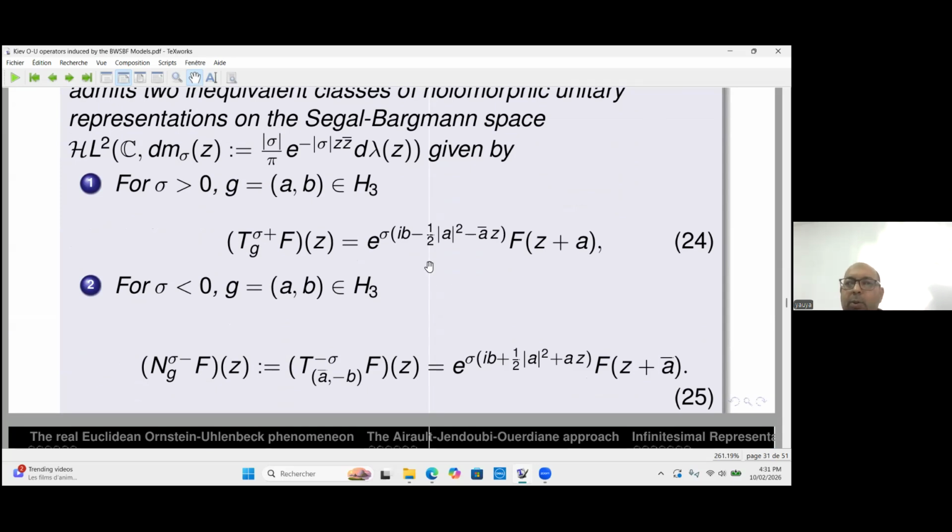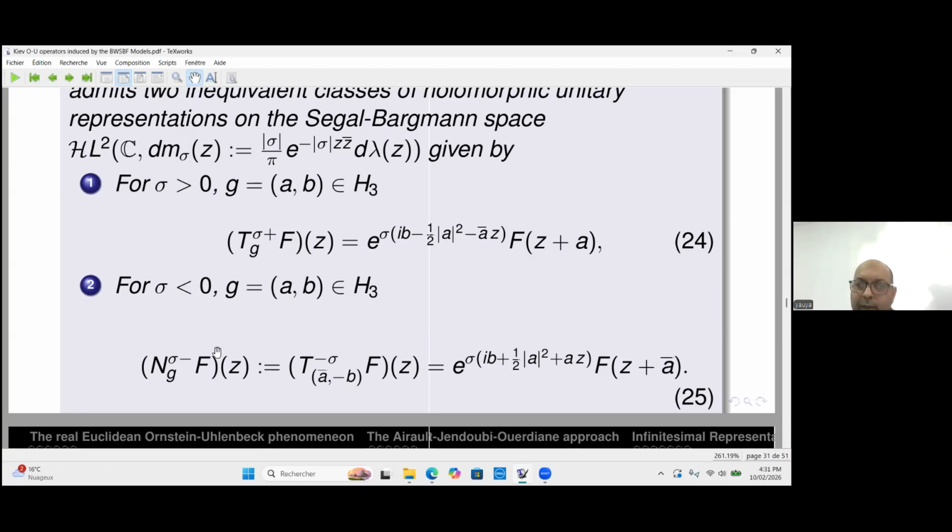And the first one is constructed for sigma positive, that is, the action here is just translation by z with this multiplication. And it is proven that this is unitary into the Fock space with the variance, say sigma.